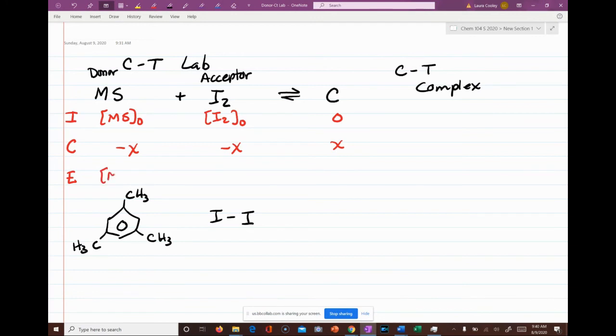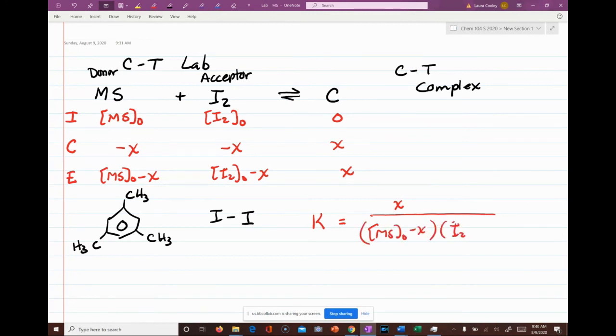So that at equilibrium, MS0 minus X is the concentration of the acetylene, I20 minus X, the concentration of the iodine, and the complex simply has a concentration X. So we could write the K equilibrium expression as X over MS0 minus X times I20 minus X.